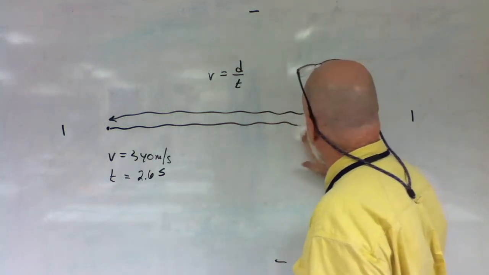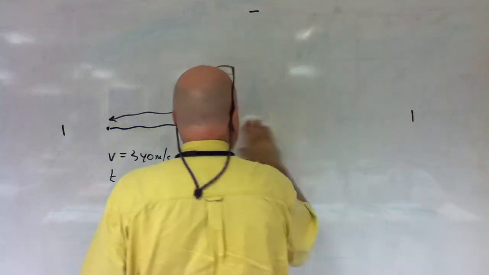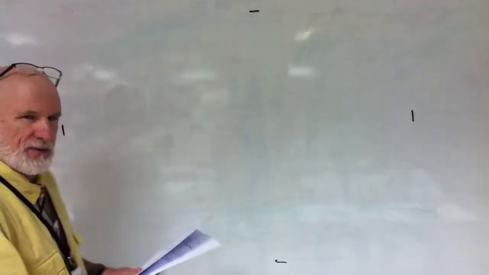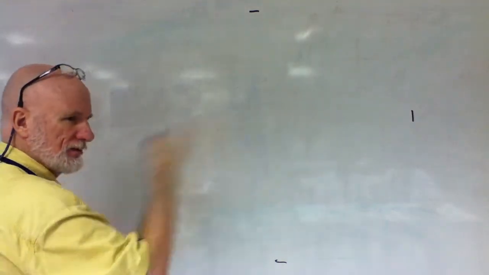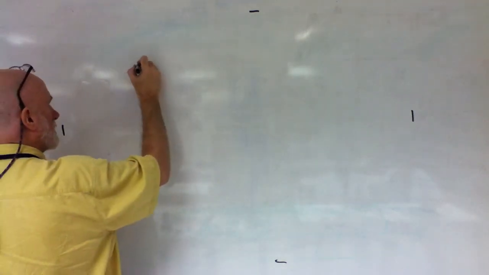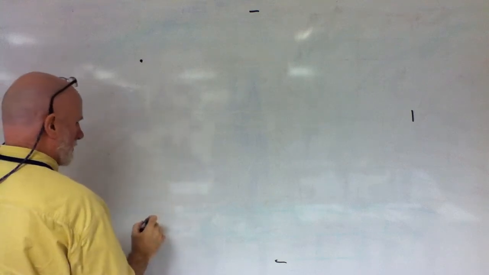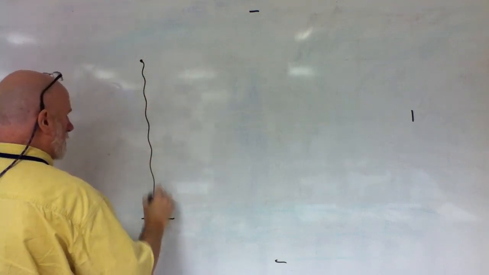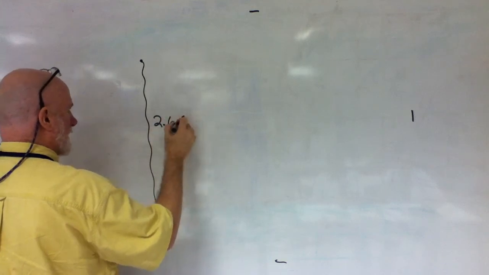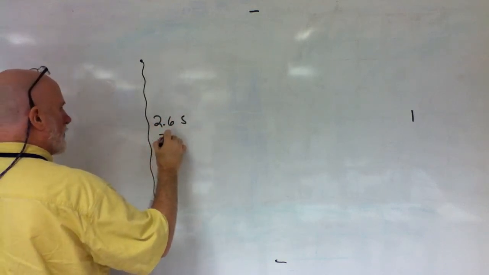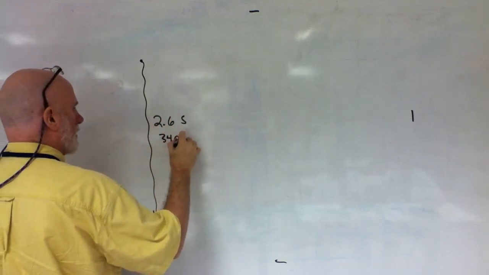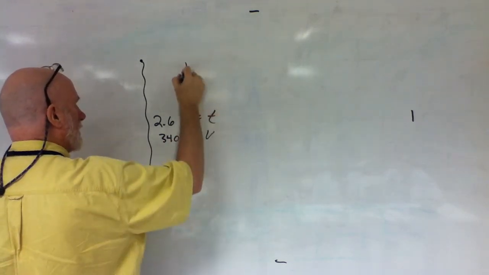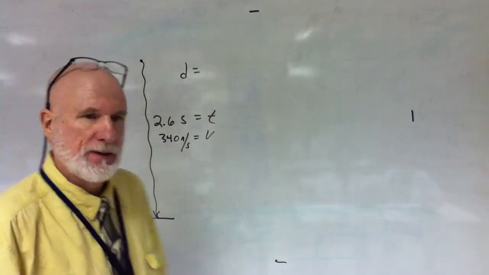All right? So to review, for whatever reason I wrote that sideways. 2.6 seconds, 340 meters per second equals velocity, that equals time. Distance equals what?